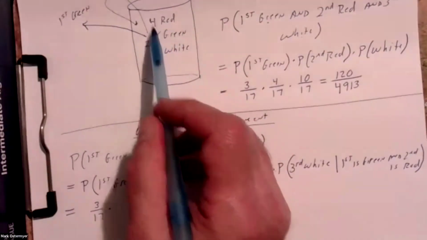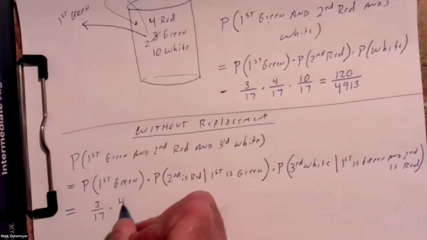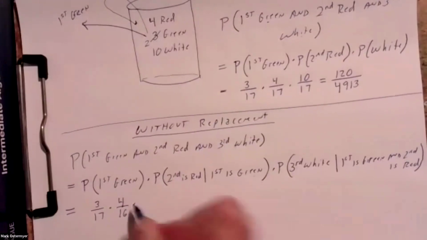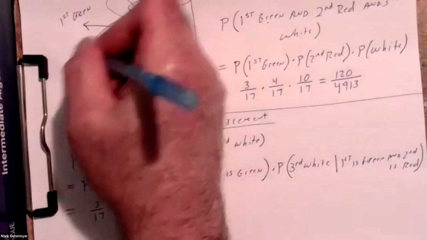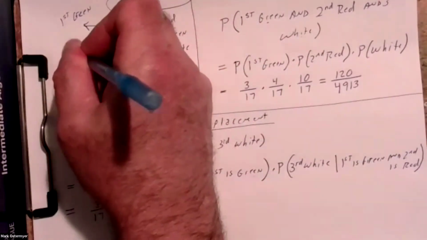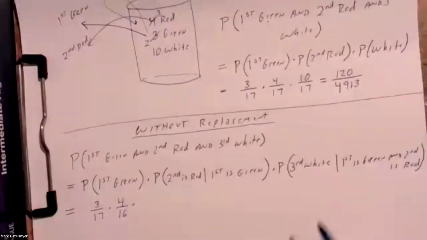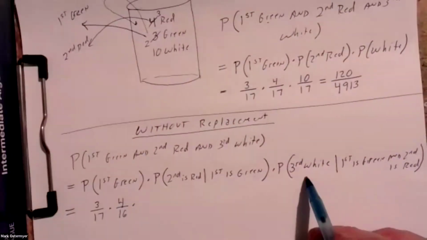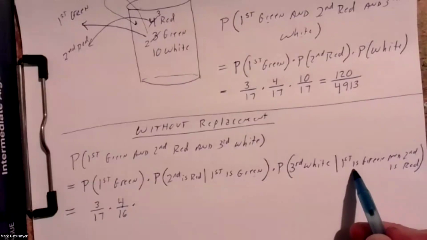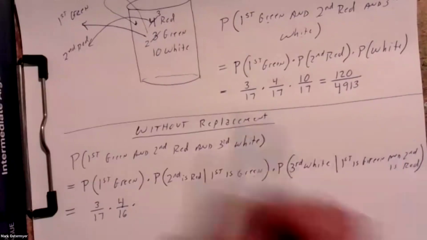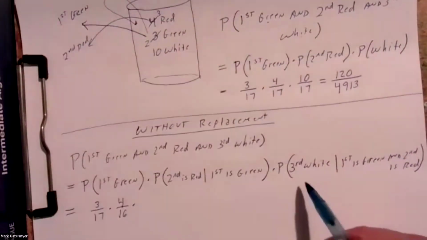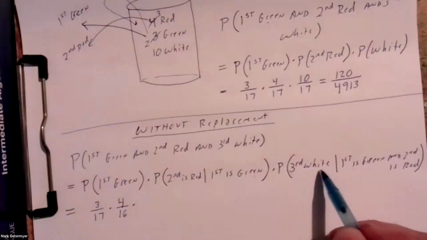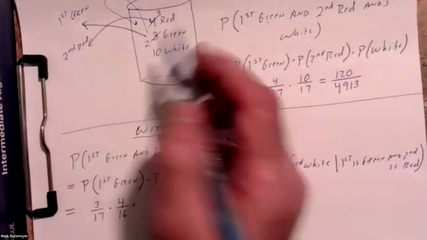That's going to be 4/16 times, and then we keep the red ball out of the container. Don't replace it. That reduces the number of red balls down to 3 remaining. Then we reach in a third time, given that the first selection is green and the second selection is red, and we keep those out of the container, we do not replace them back in. What then would be the probability that the third selection would be white? That would be 10/15.